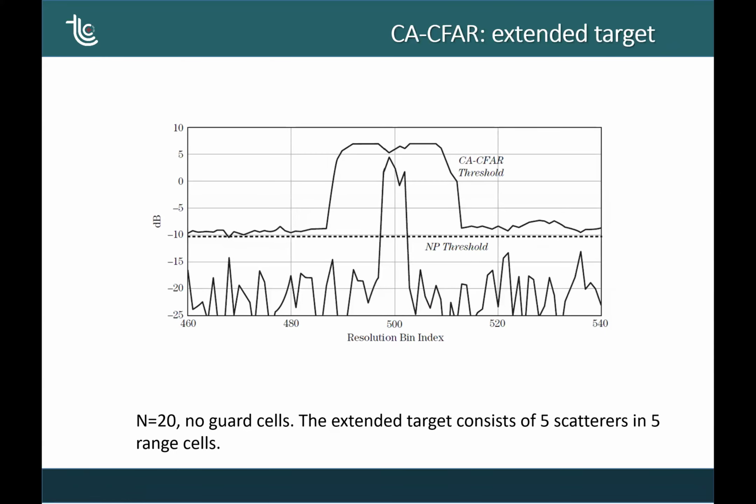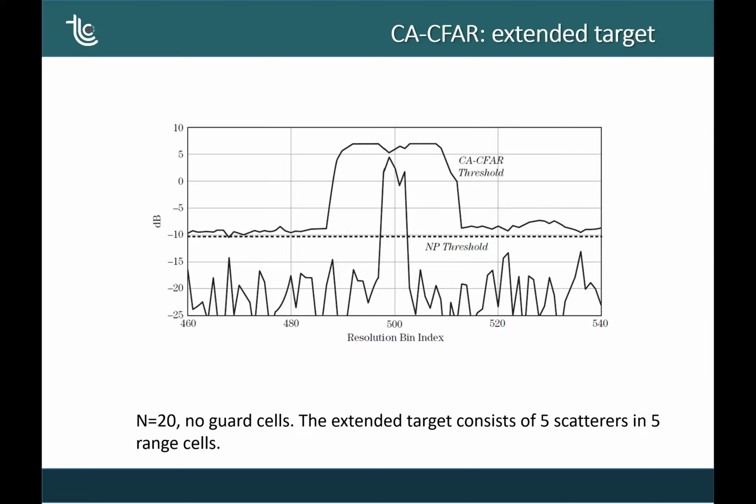And you see that the threshold increases, and it is so high in this case that the target masks itself. So the target does not overcome the threshold, okay? This is called self-masking. And this is because we don't have guard cells, okay?